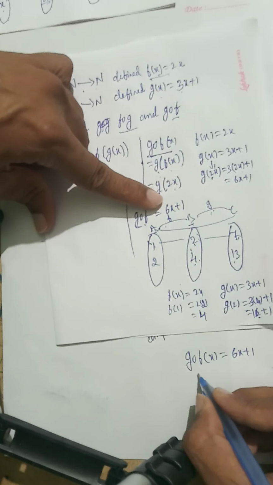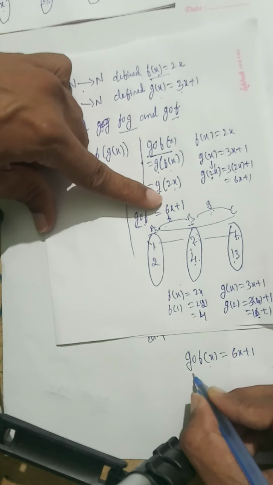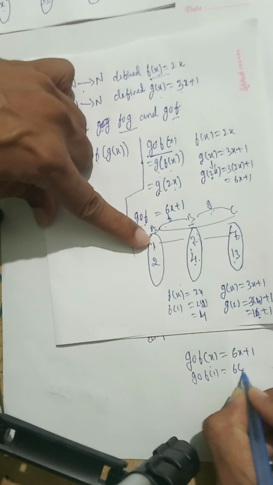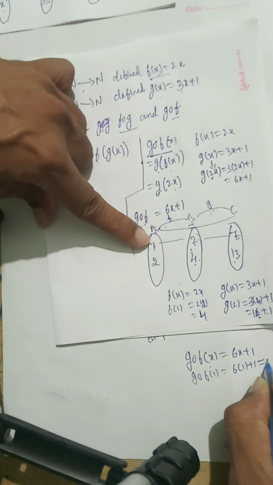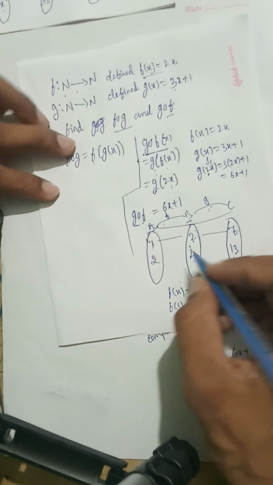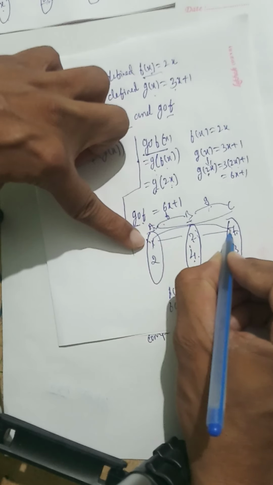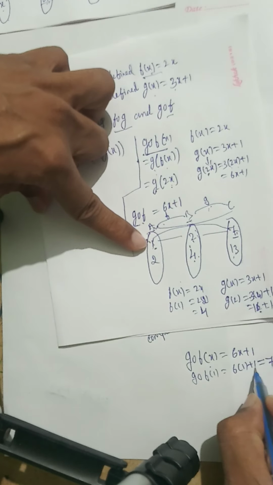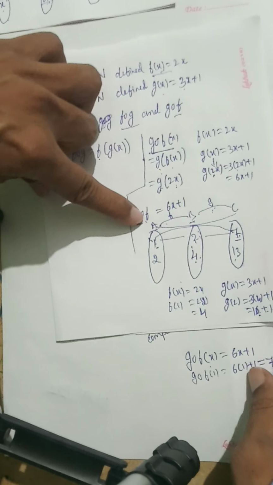In the place of x I am writing 1: 6 into 1 plus 1, I am getting 7. So putting a 1 here, I am getting a 7 directly.